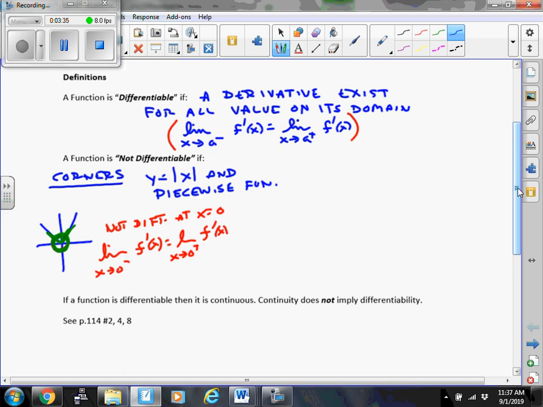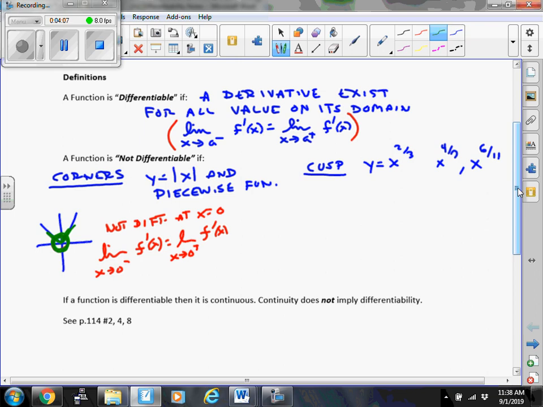Second place where you'd find not differentiable would be at what's called a cusp. And a cusp occurs in functions like this: x to the 2/3, x to the 4/7, x to the 6/11.